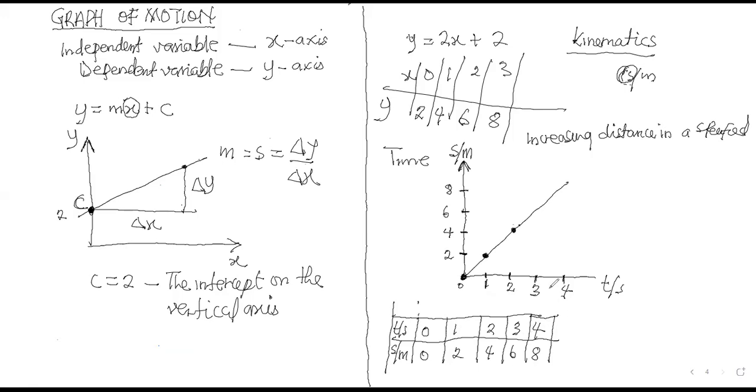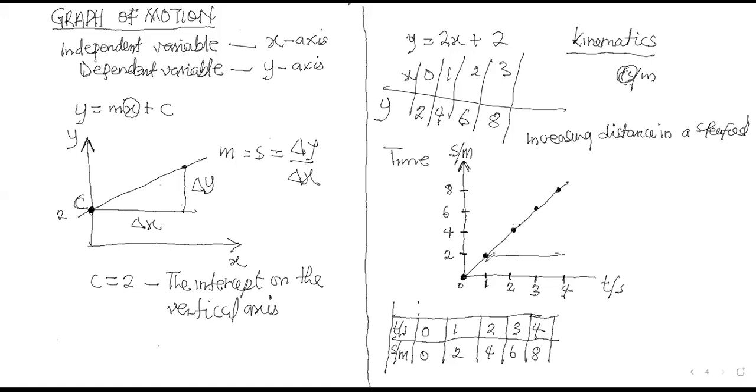Distance covered 6. Four seconds, distance covered 8. So when you join the points, you must have a straight line. Can you help me determine the slope or the gradient of this?